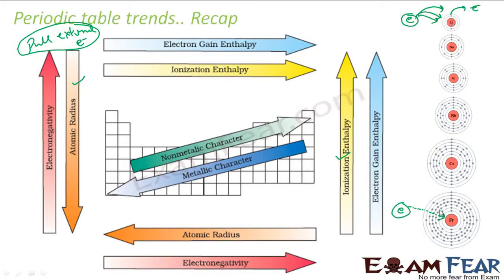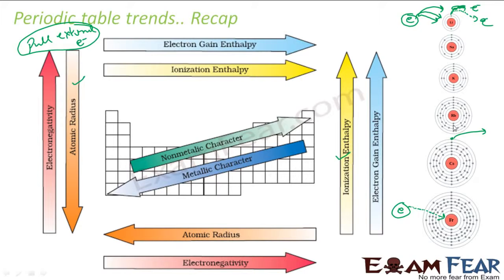If you talk about cesium, this extra external electron is less tightly tied to cesium. Why? Because the distance between the electron and the cesium nucleus is more. So this can easily come out, and this will not be able to come out easily.